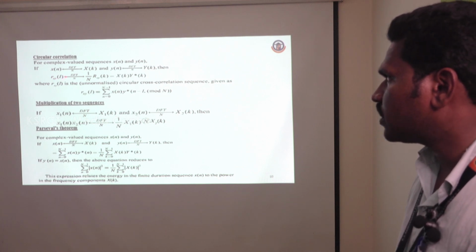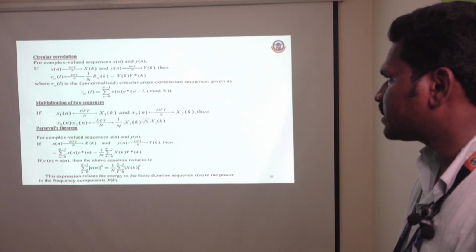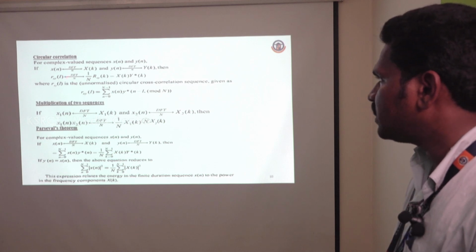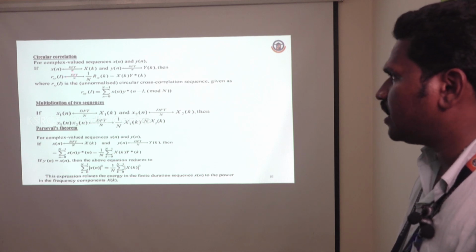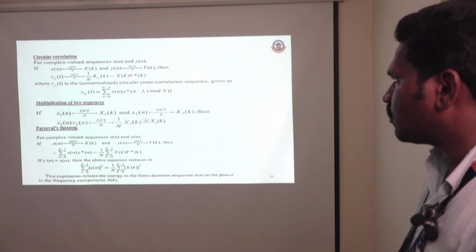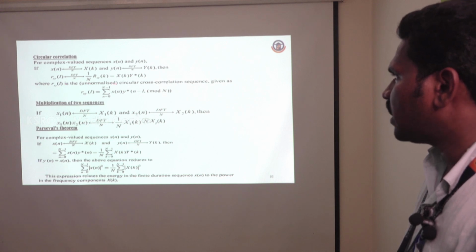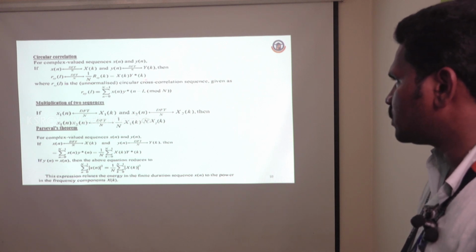I will take x of n into x of k and y of n into y of k. By this, I am going to take the IDFT, 1 by N, R xy of k, which is x of k into y conjugate of k. So from this, R xy of l is the unnormalized circular correlation sequence. This is called cross correlation.